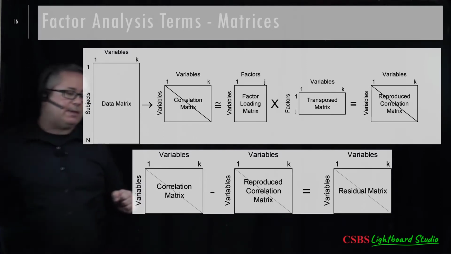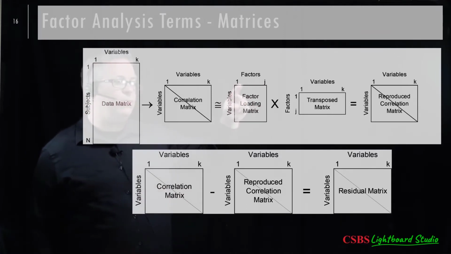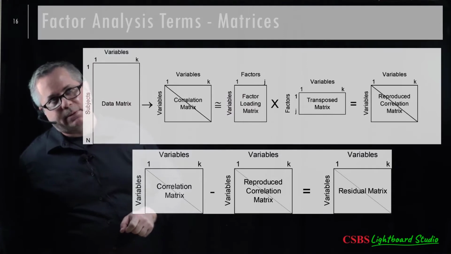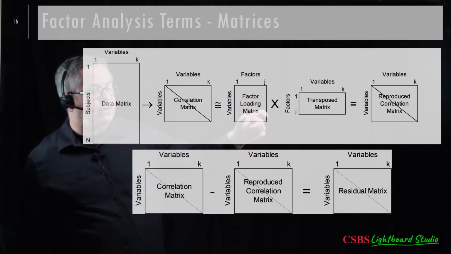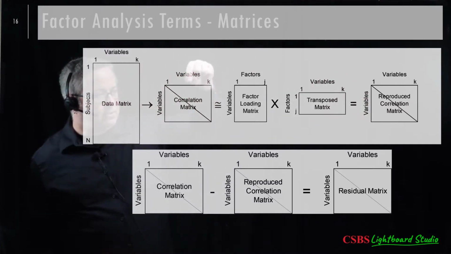The idea being that if there are really j number of factors that are driving the responses to the items, then by using those j factors, we should be able to recreate this pretty well.